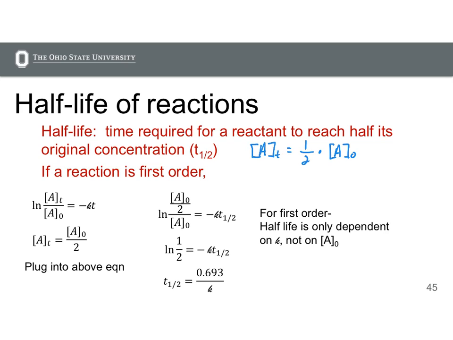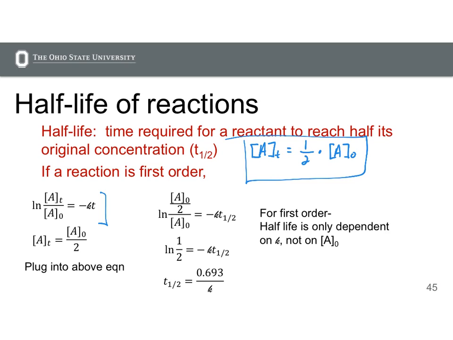And so what we can do is use this definition for half-life, plug that into each of our integrated rate law expressions, and solve for an equation for a half-life for first order, second order, and zero order reactions. I've set that up here and gone through the first order reaction. We've got our first order expression, natural log of the concentration at some time t over the initial concentration equals minus k times t.